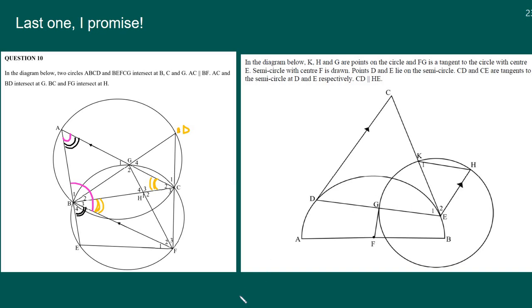It's CDE plus HED, it's equal to 180. Your reason?